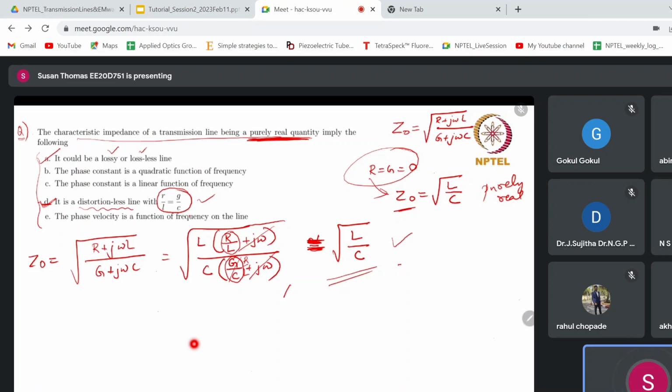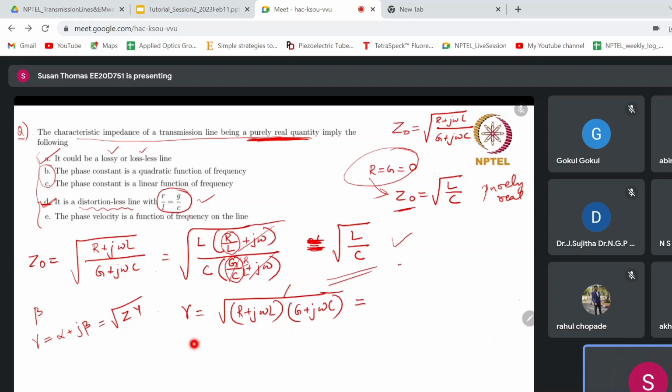Now let's go to B and C. B and C are on phase constant, which is beta. We know gamma is alpha plus j beta. I can write gamma as root of Z into Y, so root of (R plus j omega L) into (G plus j omega C).